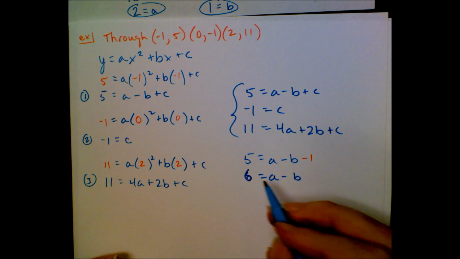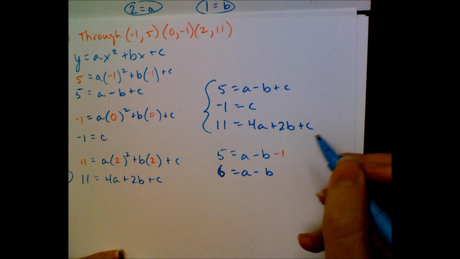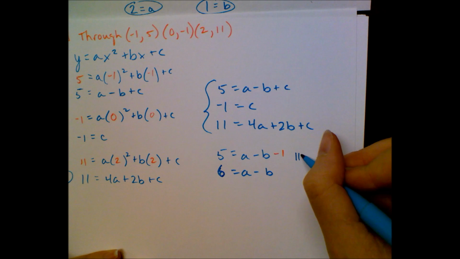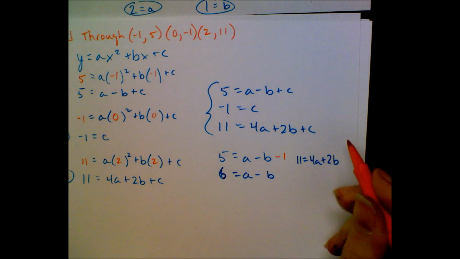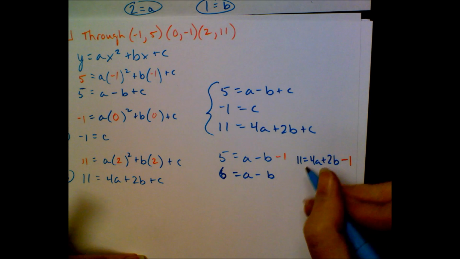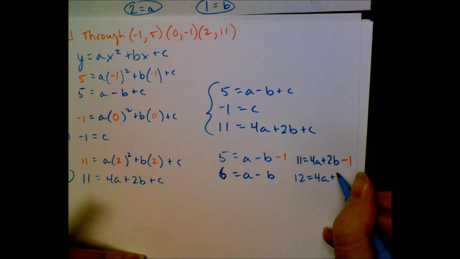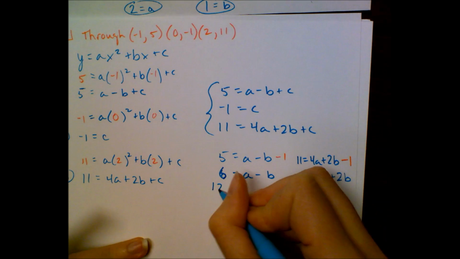Then I'm going to take the third equation, this one, and replace c. So 11 equals 4a plus 2b minus 1. Add that on both sides, I'll get 12 equals 4a plus 2b. And now I can write that underneath, and I have a system of 2 variables.